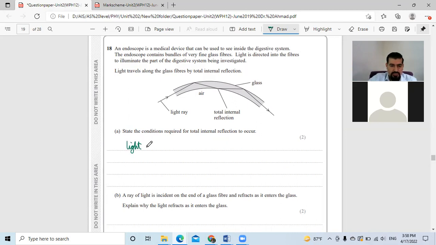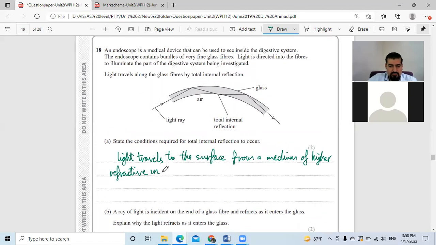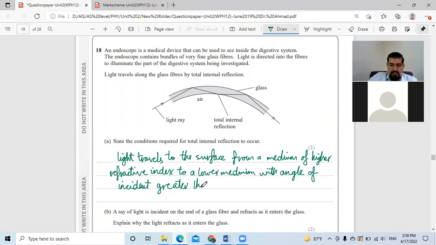Light travels to the surface from a medium of higher refractive index to a lower medium with an angle of incidence greater than the critical angle between them.